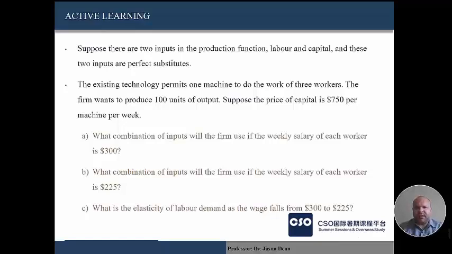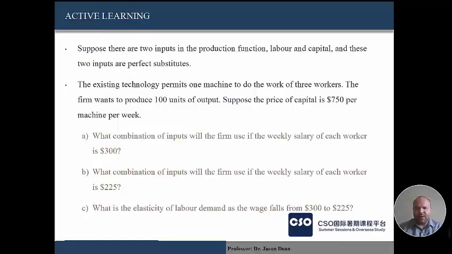Now, the existing technology permits one machine to do the work of 3 workers. The firm wants to produce 100 units of output. And suppose the price of capital is $750 per machine per week. So now it's saying, what combination of inputs will the firm use if the weekly salary of each worker is $300?